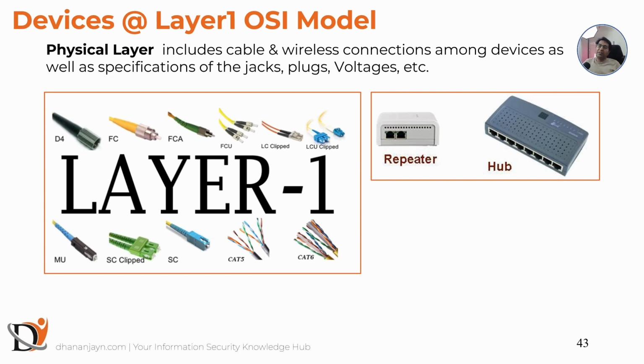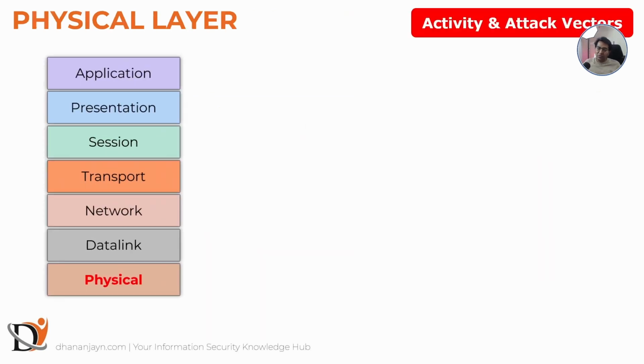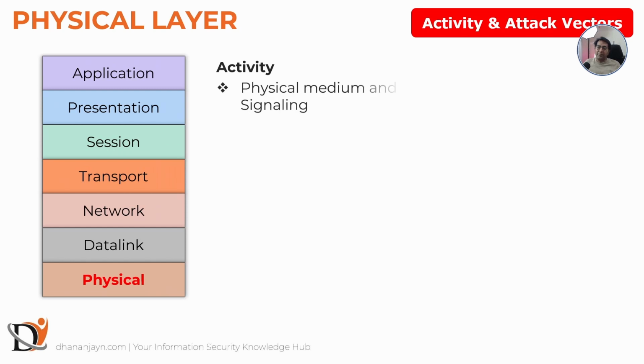Nowadays these repeaters are also outdated, but there are devices, for example a switch or hub, which also act as a repeater because there is a power supply in those devices, which receives the signal. It could be a weak signal, but they uplift that signal and send it forward. So that's where we have discussed the function of the physical layer.